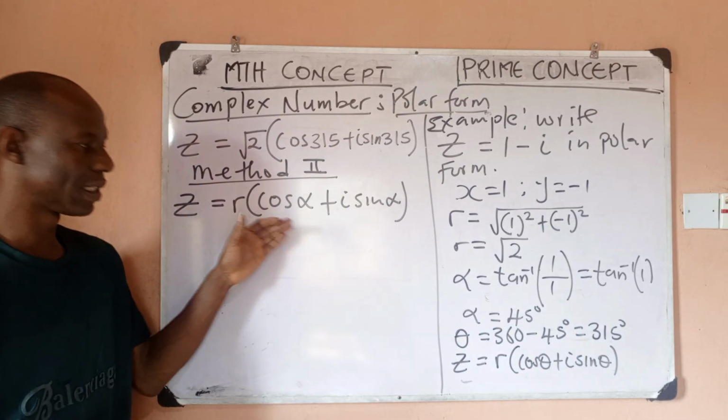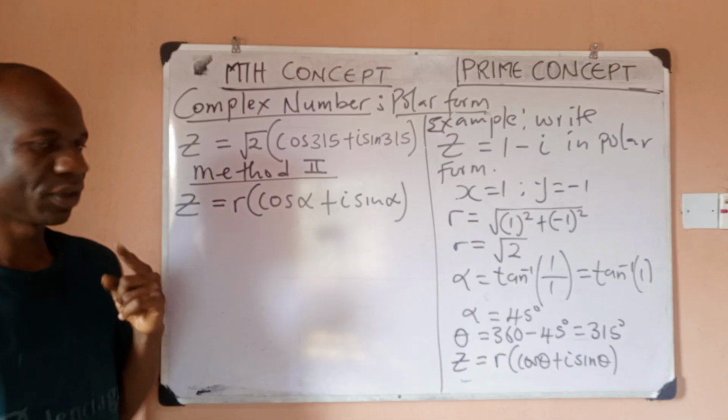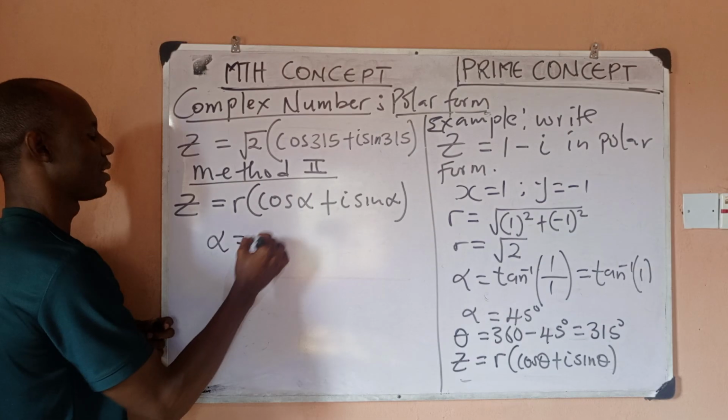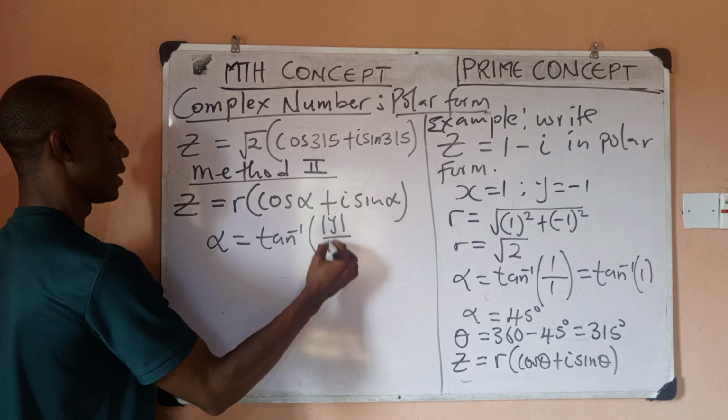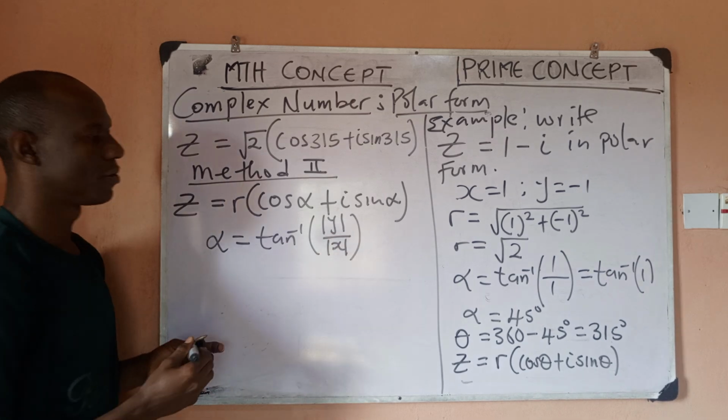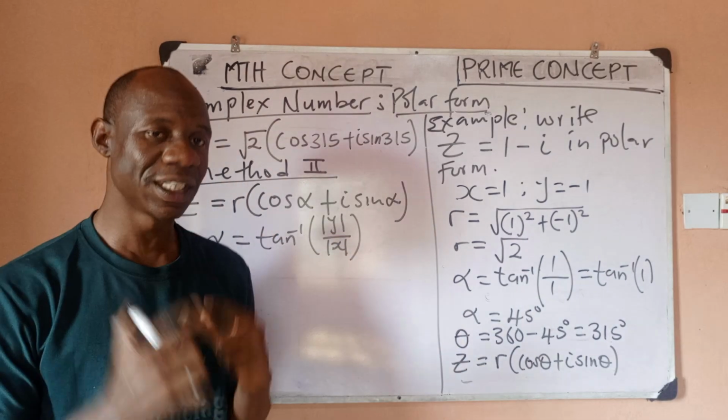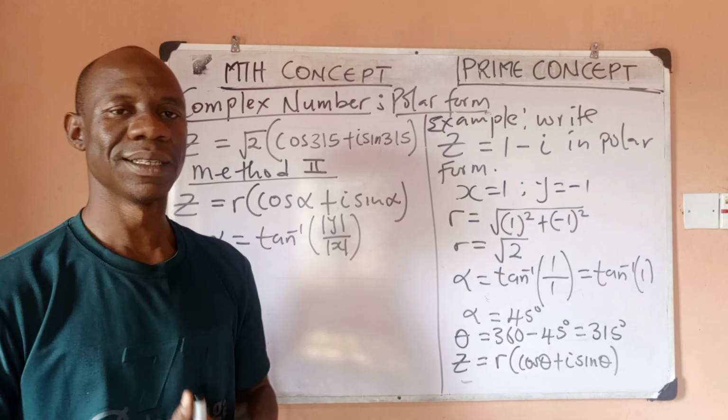Recall that alpha is equal to tan inverse of the absolute value of y divided by the absolute value of x. So this is another way to solve it using alpha and not using theta.